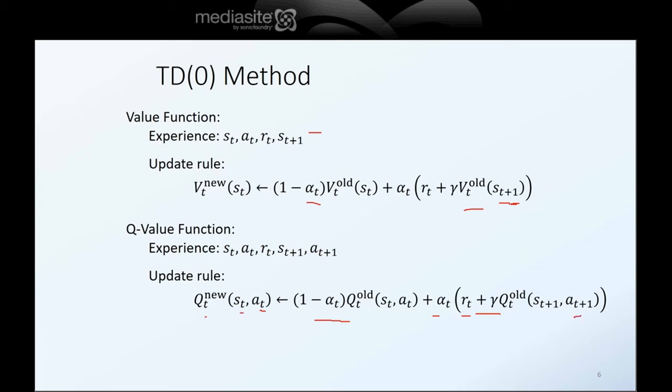So it's R_t plus gamma times Q_t old S_{t+1}, A_{t+1}. A_{t+1} is the action taken at time t+1. So you need to remember that the action needs to be known one step ahead of time when updating Q_t.